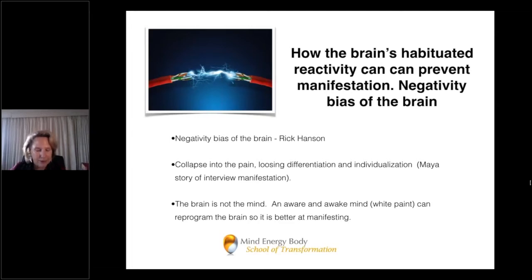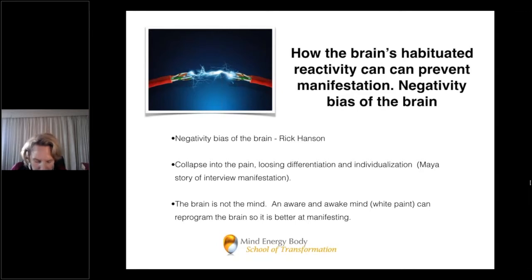The brain can be reactive in a way to collapse or create strength. If it's habituated to really show up in this leader energy of I'm going to make it happen, I'm not a victim, I'll jump the next hurdle and overcome, that is a good wiring of the brain.